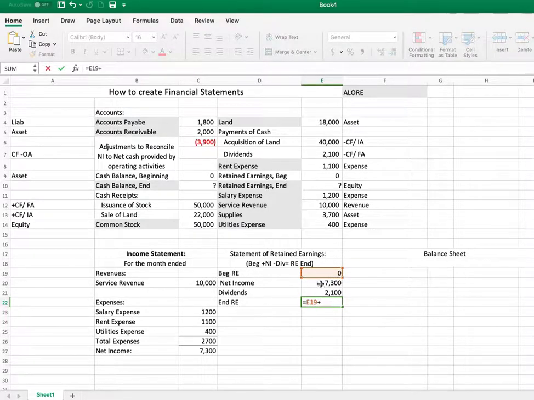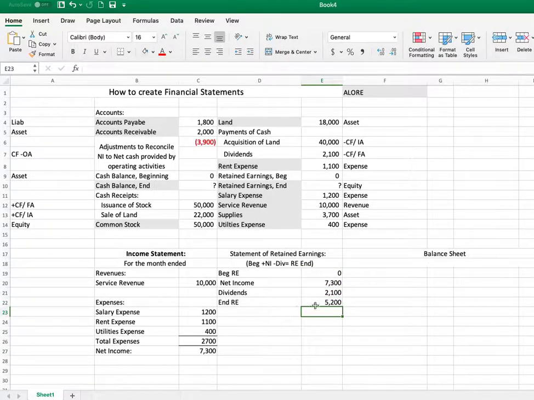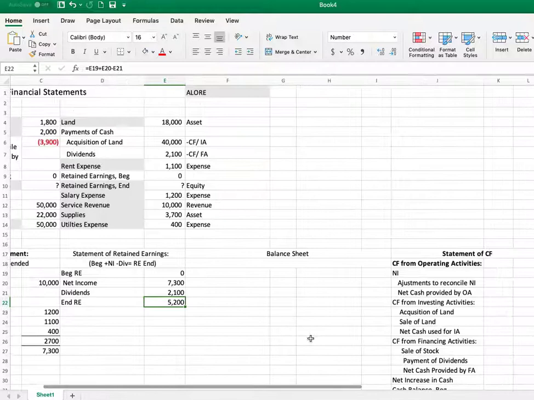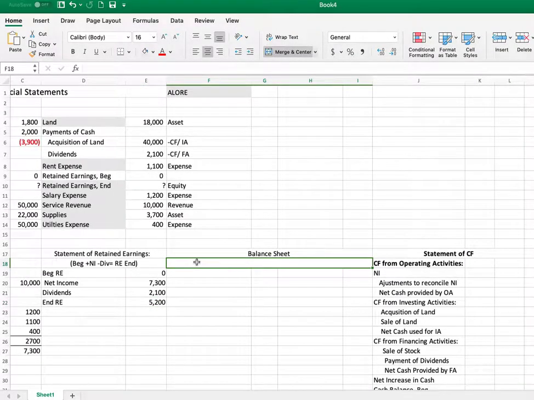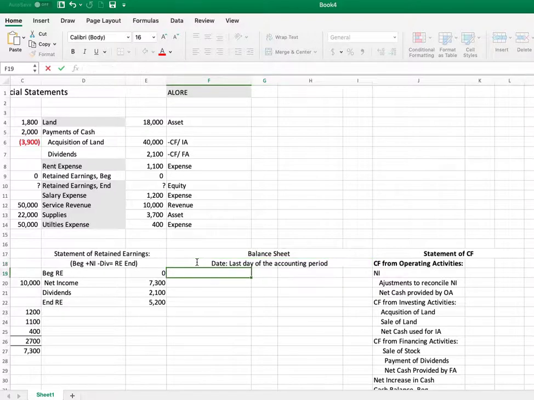So ending retained earnings equals beginning plus net income minus dividends, which gives us ending retained earnings of $5,200. The next statement we will complete is the balance sheet. Now, one thing that is different about the balance sheet is it is created on one day. So the date here will always be the last day of the month or the year. And I'm just going to put last day of the accounting period.